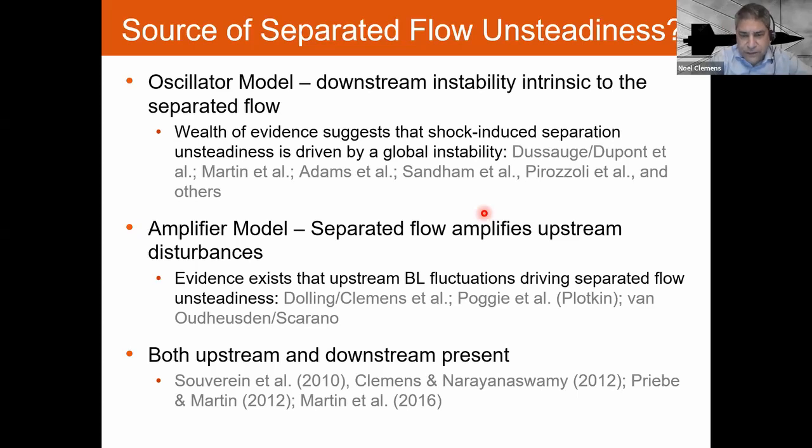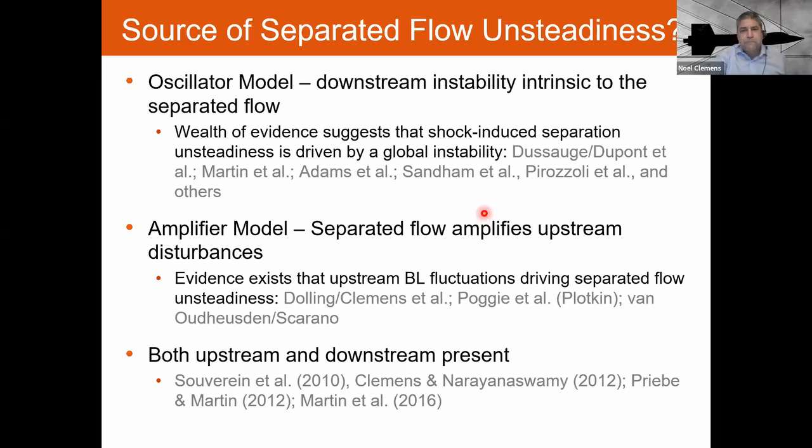Although the view is that their interaction might have been extremely weak and essentially just incipiently separated. And then there are also studies that show that both upstream and downstream mechanisms are present simultaneously. I would say that most people probably think that now, and it's just which one dominates that is the issue, although with more people coming down on the oscillator model being dominant.